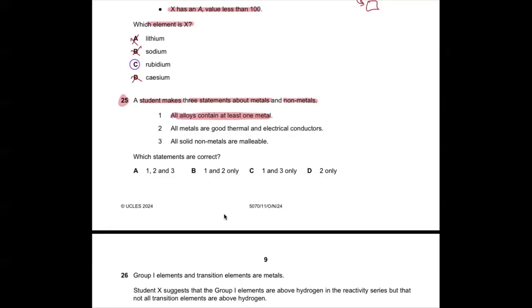Yes, that is correct. All metals are good thermal and electrical conductors. Yes, it is correct. All solid non-metals are malleable. No, non-metals are brittle. They are not malleable, right? So the third is incorrect. So if the third is incorrect, that makes A and C wrong. And D is also incorrect because it doesn't include one. So B is the correct answer.